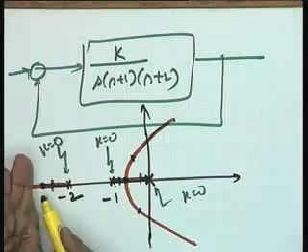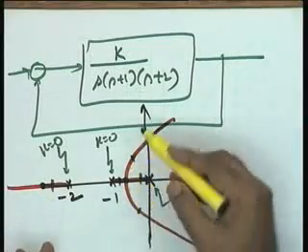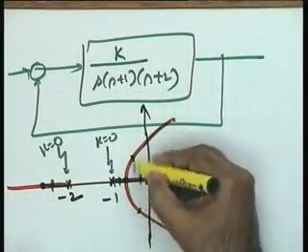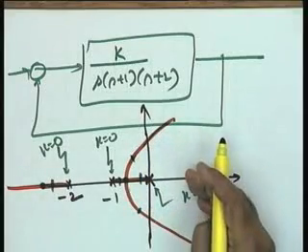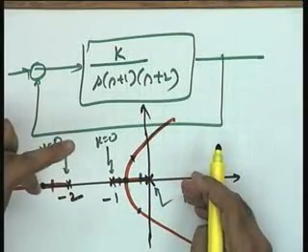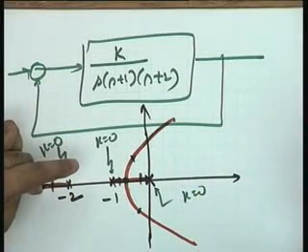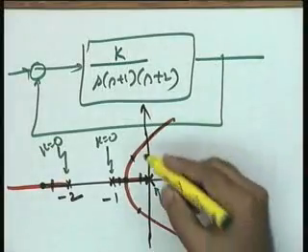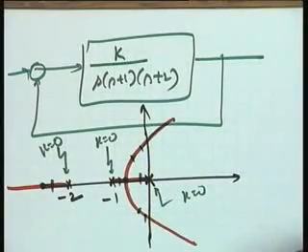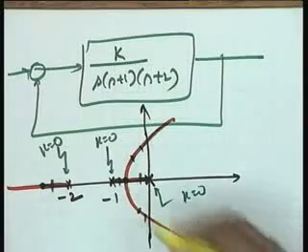If this particular third root is about 4 to 5 times away compared to the real part of these complex conjugate roots, in that particular case, the effect of this third root on the dynamics of the system is going to be negligible. Increase your k further, you are coming at this particular point, and you are going closer to the imaginary axis.